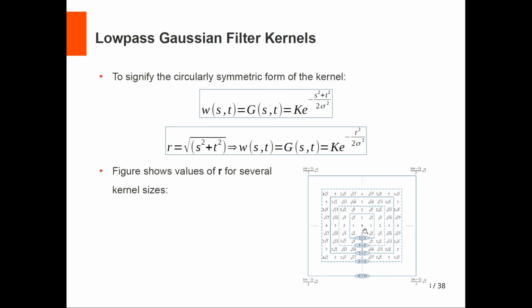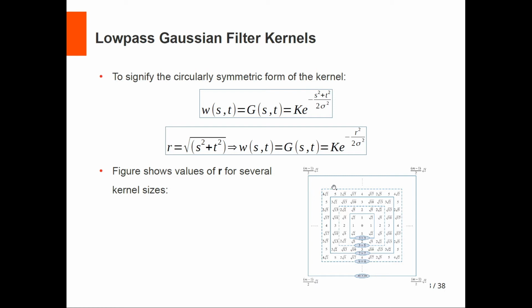Basically, when we consider the center of the kernel at 0, then we define a circular neighborhood around the center, and based on the radius of that circle, we define the distances, and therefore we define the coefficients for the kernel.